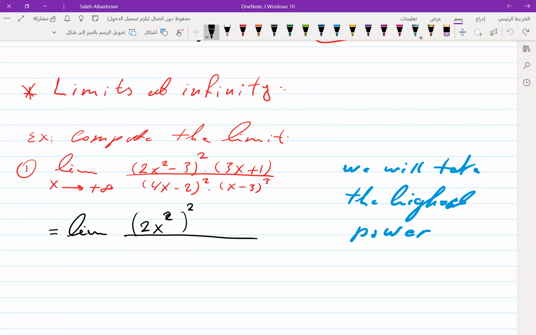So the first bracket will give me (2x) to power 2 multiplied by the highest power from the second bracket, which is 3x. For the denominator, I have (4x) also to power 2, keeping the outer power, multiplied by x to power 3, as x goes to plus infinity.